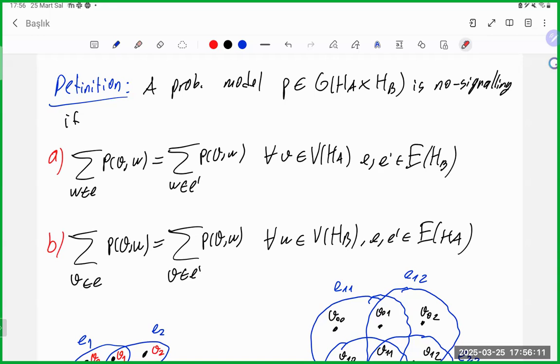I didn't understand why you say the sum of V00, V01, V02 is one. It represents Alice measuring 0 in her measurement. But it's not an edge, because you're running over all the edges, as I see in your conditions A and B.